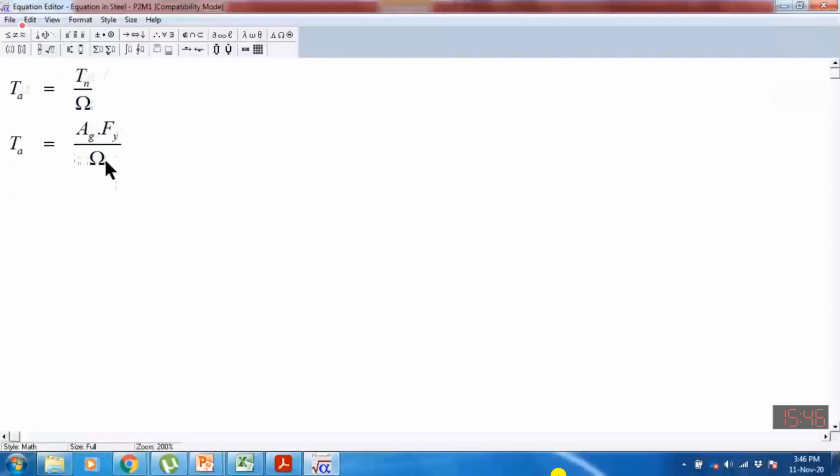And this omega value will be equal to, in ASD we are having the factor of safety 1.67. And this TA value is the applied reaction or the reaction force that we have computed. So from here, you can further simplify this. R is the tensile force in the sag rod.